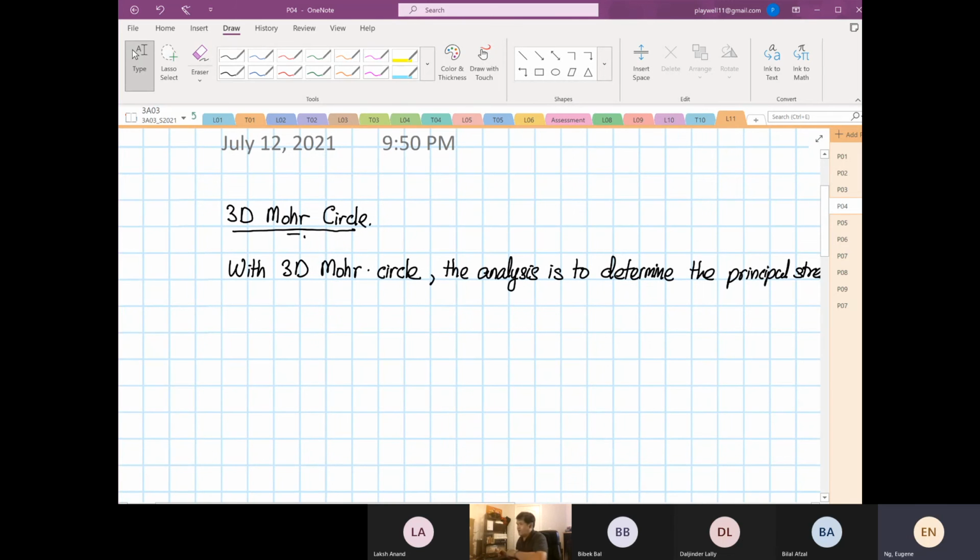In real life, we have to always apply 3D Mohr circle. 2D is just to learn the fundamentals.